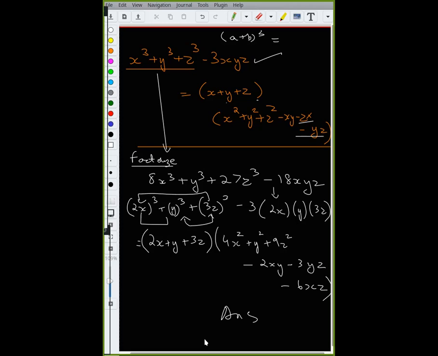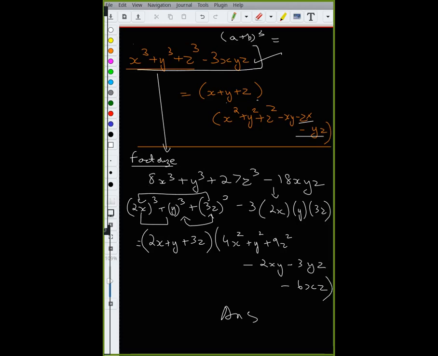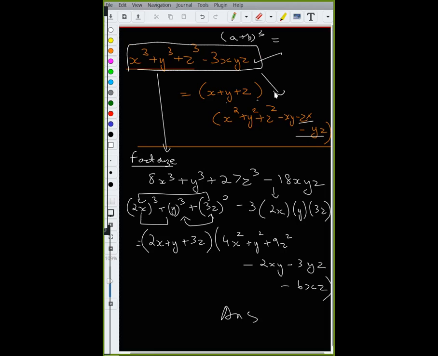Got it? So ultimately, can I condense this into this identity here? If yes, then just put these values like this. That is why I told you, don't think too much, just mark this up.